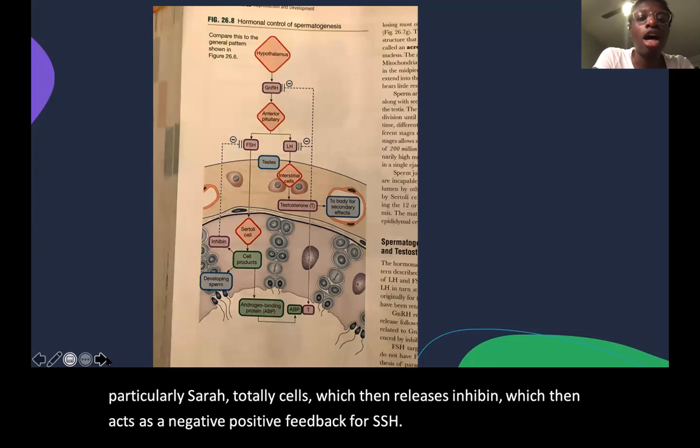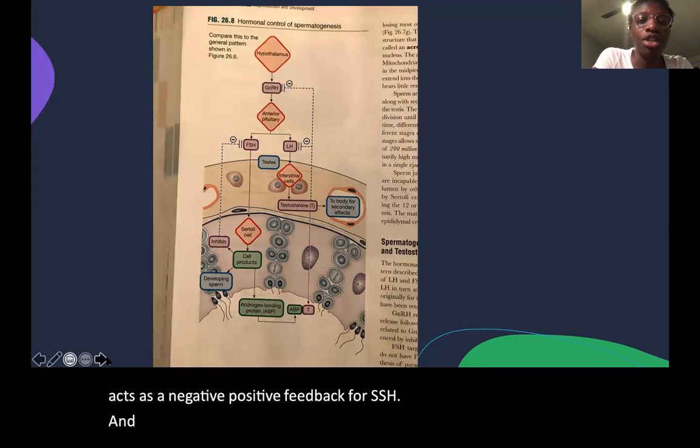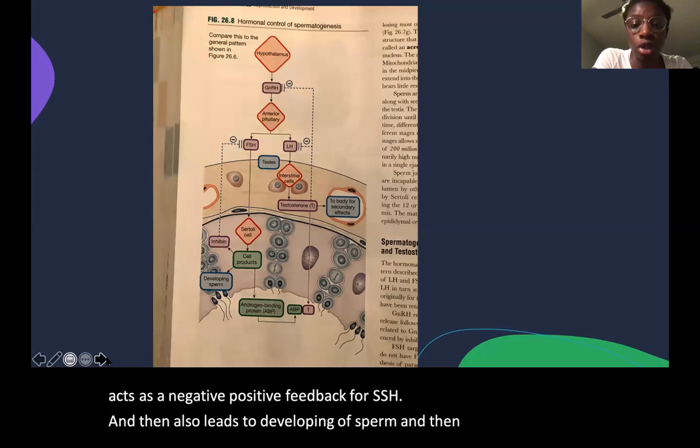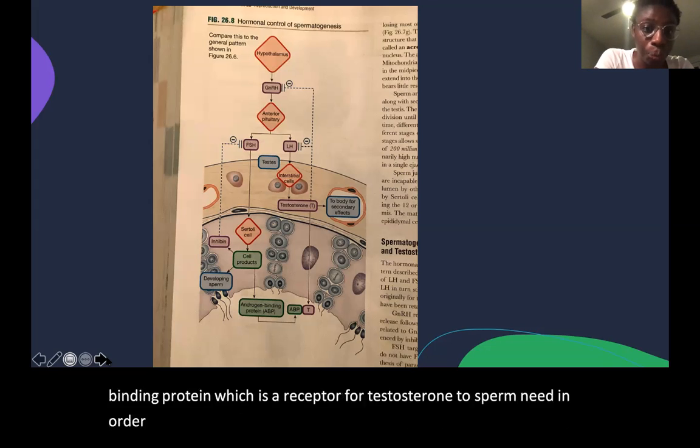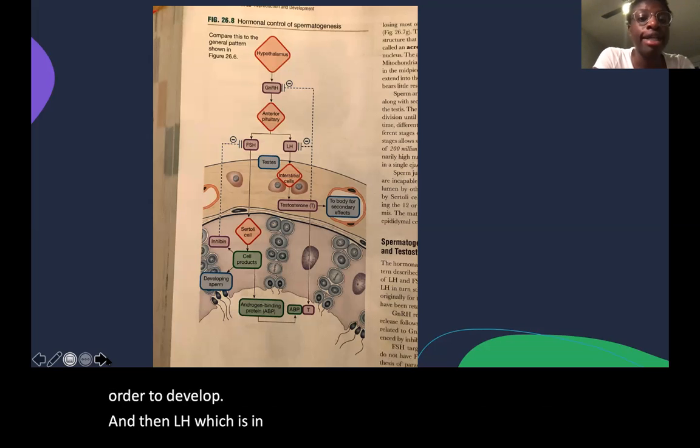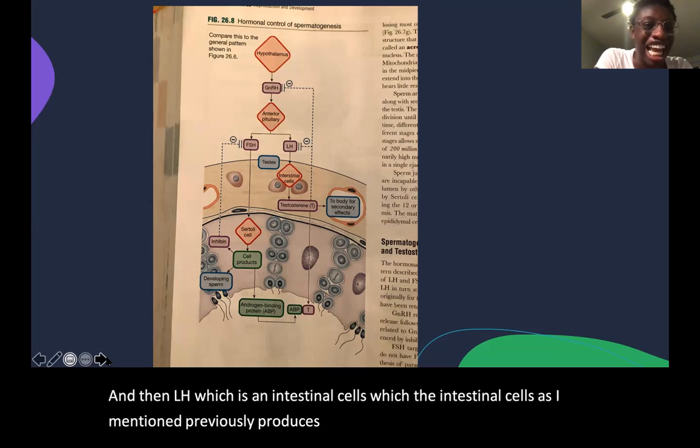FSH also leads to the developing of sperm, and androgen binding protein, which binds testosterone, which the sperm need in order to develop. And then LH acts on the interstitial cells, which, as I mentioned previously, produce testosterone.